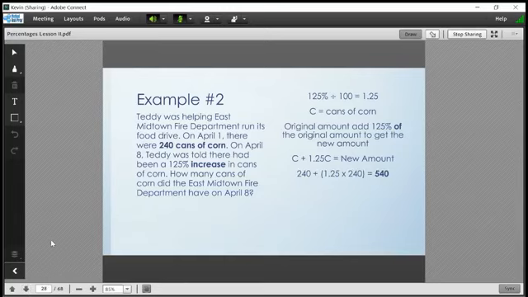So that's going to be my new amount. Again, starting with 240, I'm increasing it, so that gives me the add, 125%, it gives me the 1.25, times the original amount, 240, which then gives me the new amount of 540.